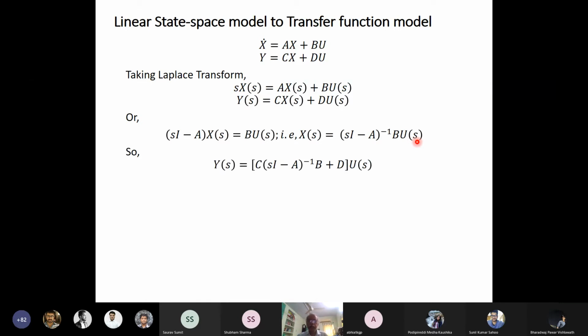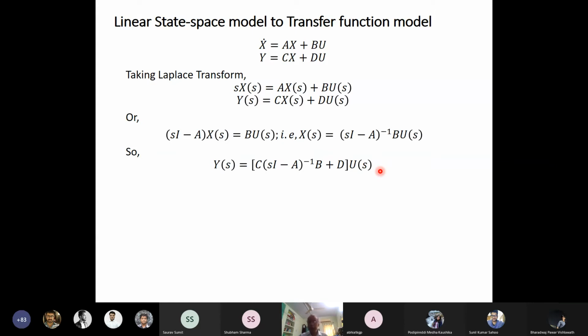Then Y(s) will be C(sI minus A) inverse B plus D, times U(s), because I know X(s) is equal to this term, so I put it over here. So I get Y(s) is equal to G(s) U(s), a general Laplace transform model.